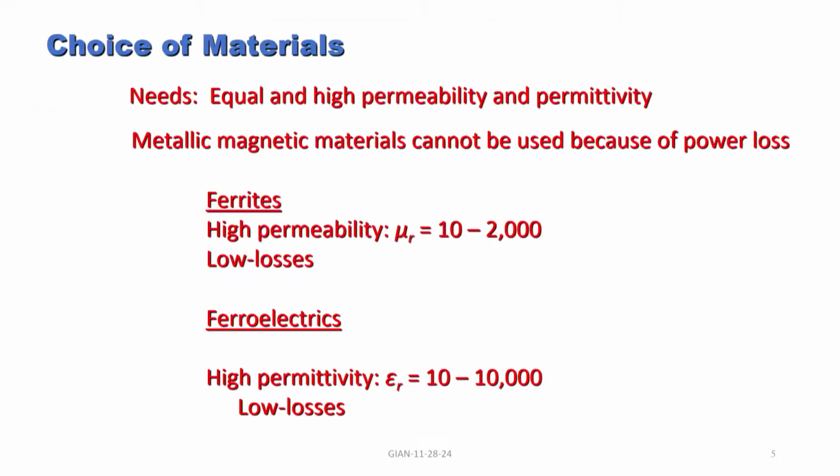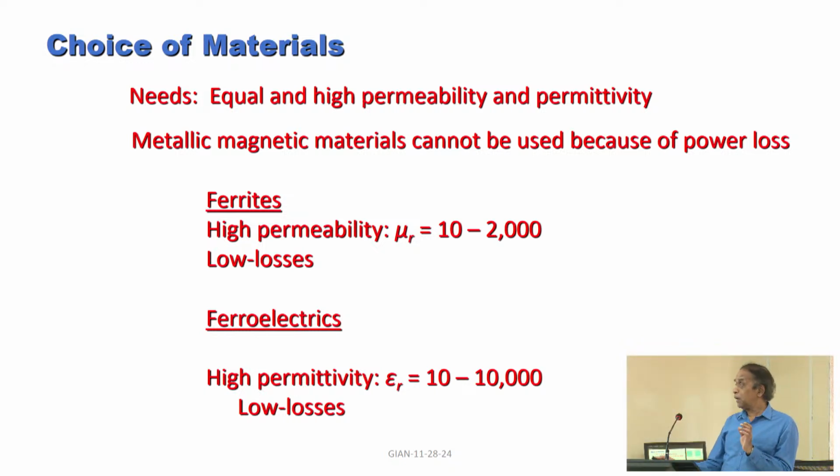So, what the students did was to choose a ferrite and a ferroelectric. Now, the idea is to make mu r and epsilon r as high as possible, but also mu r equal to epsilon r for impedance matching. So, they chose nickel zinc ferrite for high permeability, and for the ferroelectric phase they used bismuth strontium titanate.